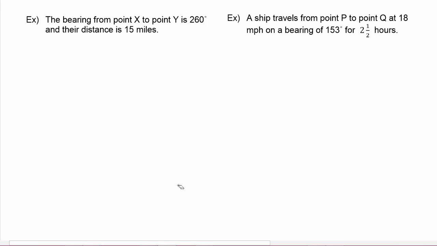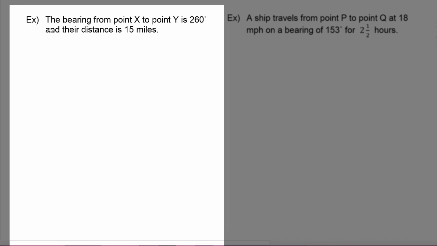In this example, we have to make a sketch where the bearing from point X to point Y is 260 degrees and their distance is 15 miles. So we walk through the 4 steps. Step 1, make a starting point.